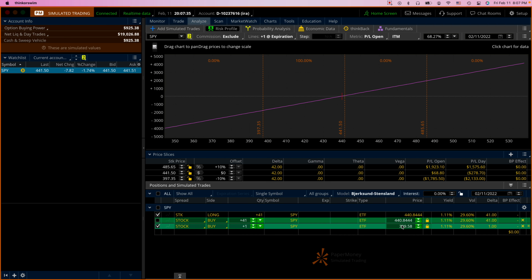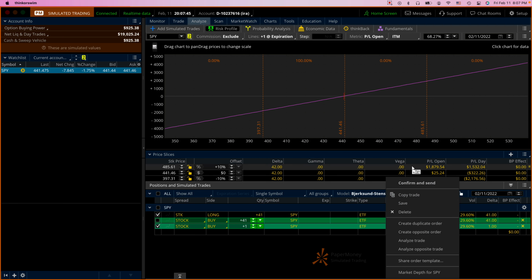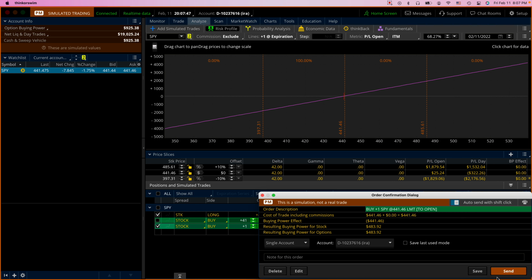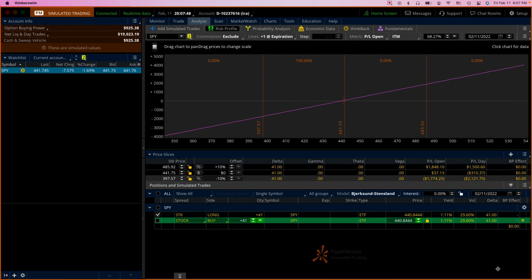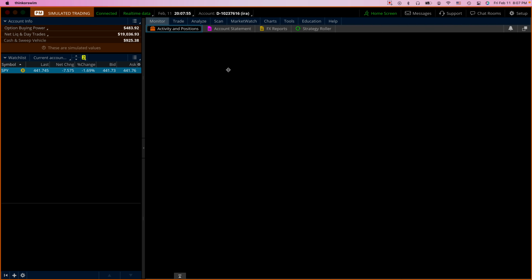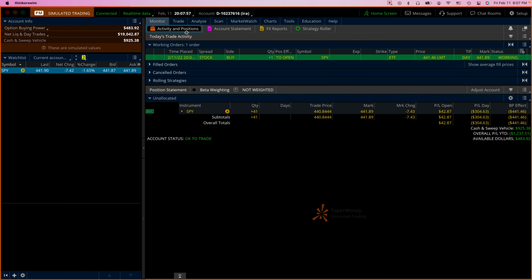So I'm going to analyze this, and I'm going to just add one more share, so we have 42 shares. The current price is $441.51, and now we have $925 to trade that. Confirm and send, and then perhaps next week we would have enough for the next one. So you're just simply buying one share of the SPY, and account and positions will tell us that it's a little above that.